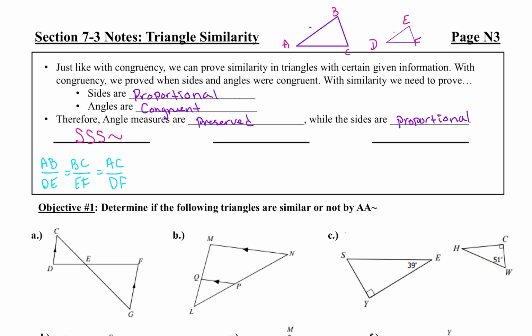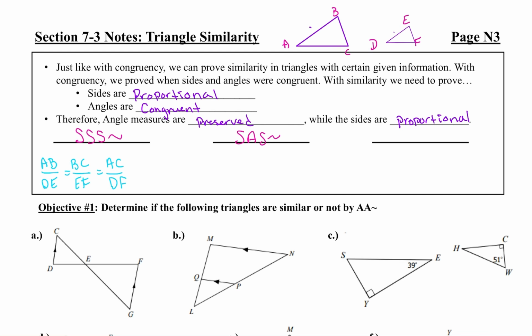Sorry, DF. If I can prove all three of those fractions come out the same, and all I did is divide this one by this one, this one by this one, this one by this one, and all three give me the same scale factor, I know that they are similar by side similarity.